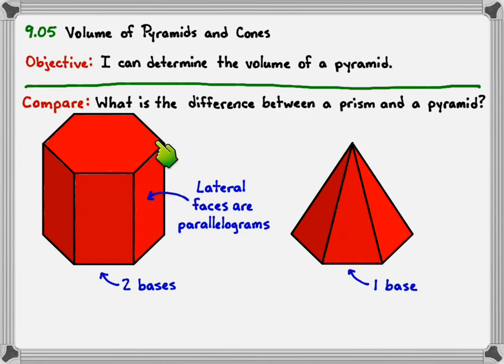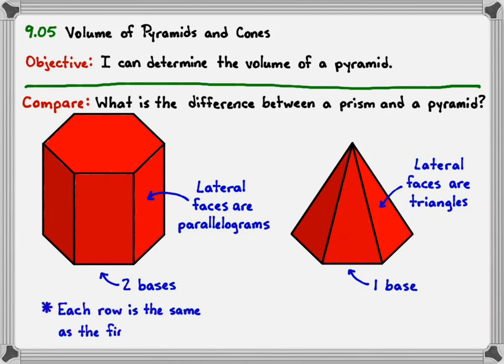You can see that it's got four sides coming up. This face has four sides to it, and it's coming up out of the base hexagon. Whereas in the pyramid, the lateral faces are triangles. So if you're looking at a shape and you see a bunch of triangles, then chances are it's a pyramid.